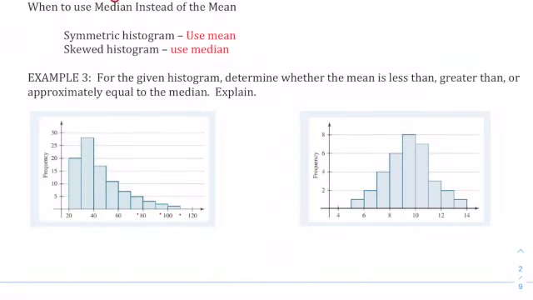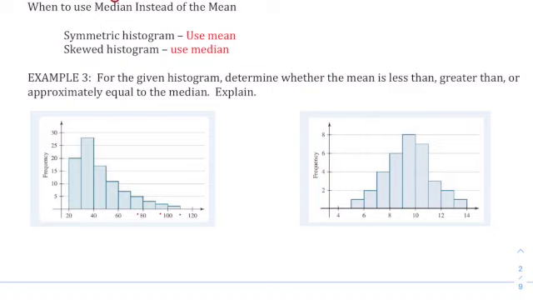So now, knowing those two methods, we are going to decide when the median or mean is going to be used. Looking at the graph, when you have a symmetric histogram, that means both sides are kind of even, you use the mean. And if you have a skewed histogram, you use the median.